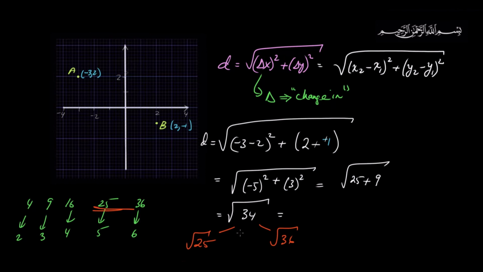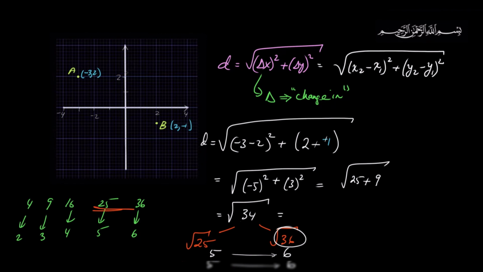But the reason I'm doing this particular exercise here is to show you to be able to think about this a little bit. So the square root of 34 is between these two perfect squares, 25 and 36. So it's between 5 and 6, because square root of 25 is 5, square root of 36 is 6. It's clearly closer to 36 than it is to 25. So it's closer to 6 than to 5.